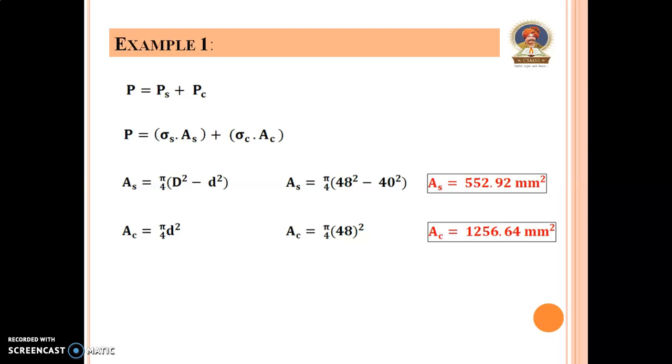Now put the value of area in the above equation and also put the value of P. So the equation becomes 60 into 10 raised to 3 is equal to sigma s into 552.92 plus sigma c into 1256.64. This is the first equation.